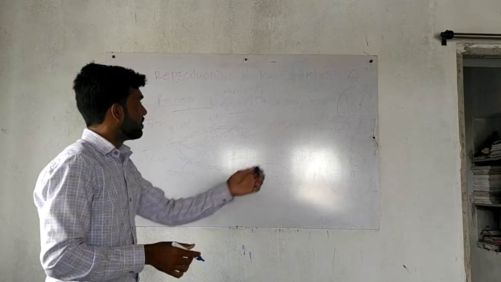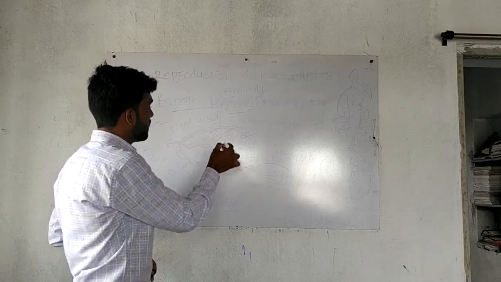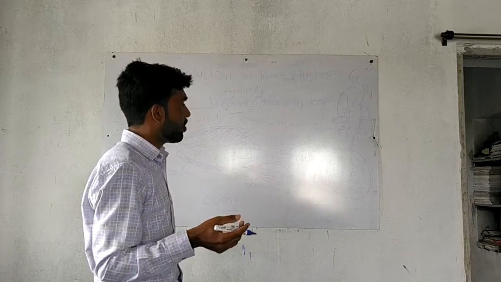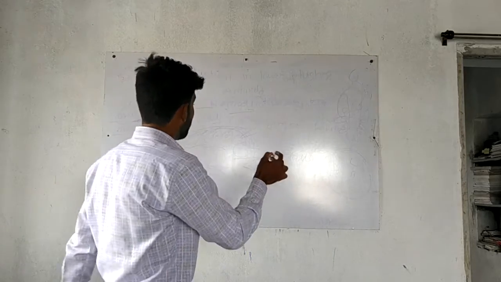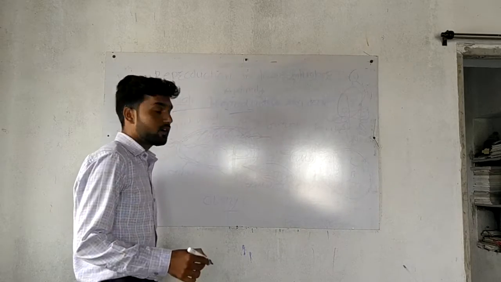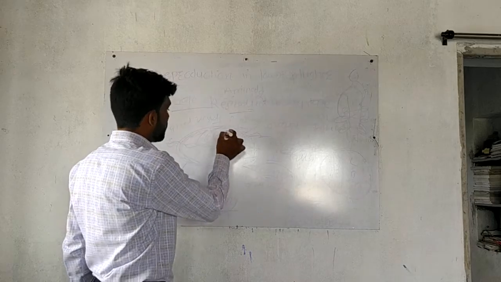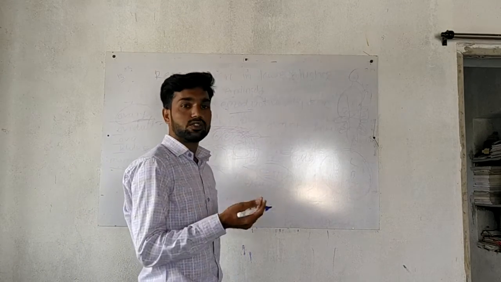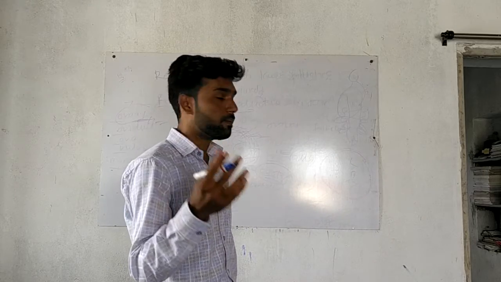When we see the ovary, it forms the ova or egg, which are responsible for fertilization, where there is a fusion of gametes when the male sperm gets into the vagina. Oogenesis means formation of ova in the ovary.